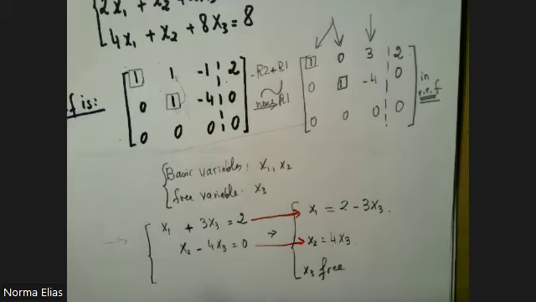I want you to look at the reduced echelon form one more time and compare what's the benefit of it. One last step. Which step, Haley? What is it that the reduced echelon form makes a little bit easier? Writing x1 in terms of x3.